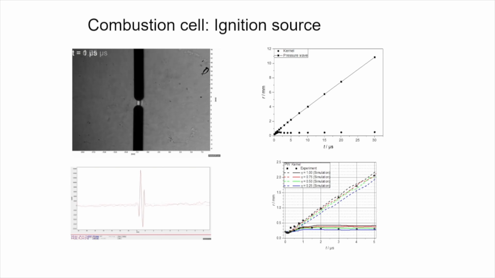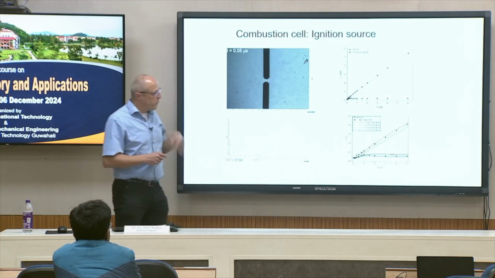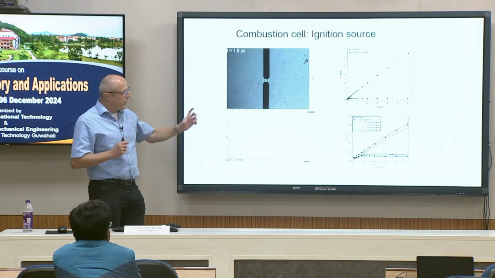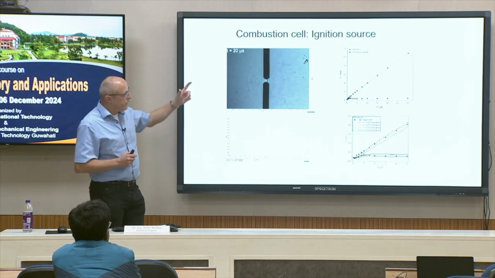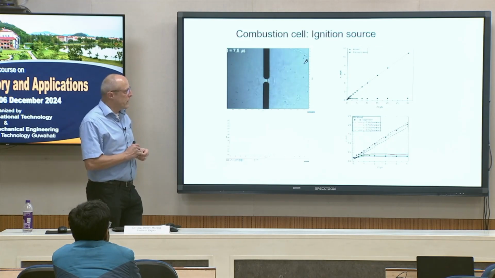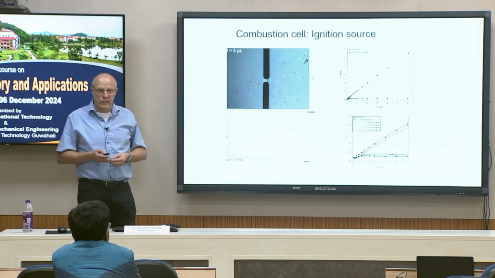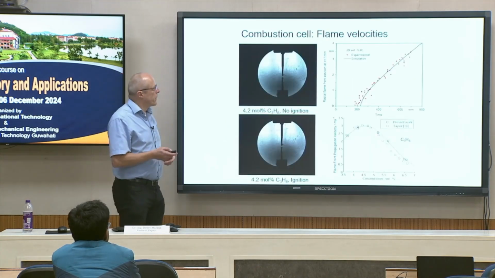So we can examine, for example, how large the spark is as a function of time, and where our pressure wave is. And both quantities, the radius of the kernel and the position of the pressure wave as a function of time, depend strongly on the ignition energy we use.